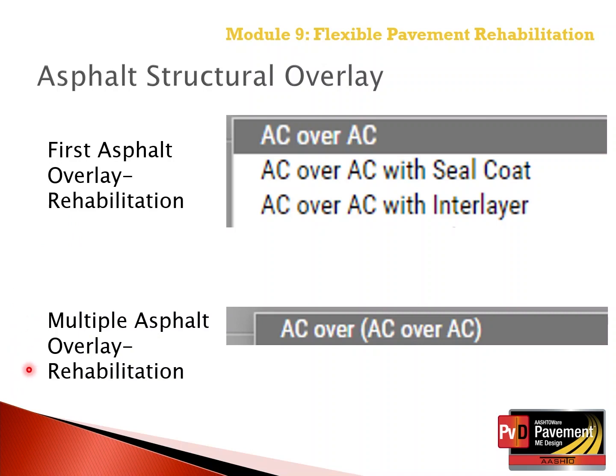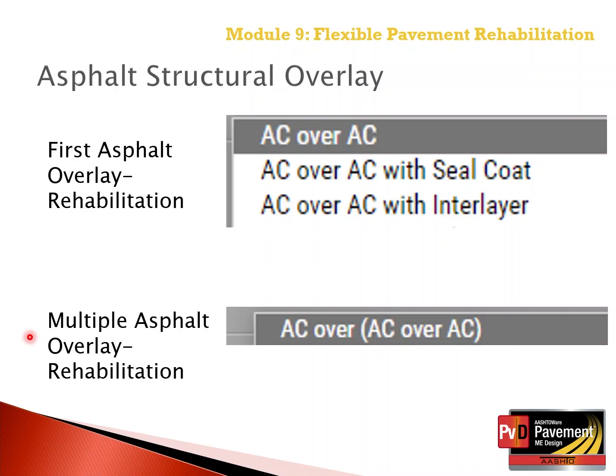In other words, the flexible pavement already has one or more asphalt overlays or rehabilitations, and we're designing a future overlay or rehabilitation activity on a pavement that has already been rehabilitated in previous years.